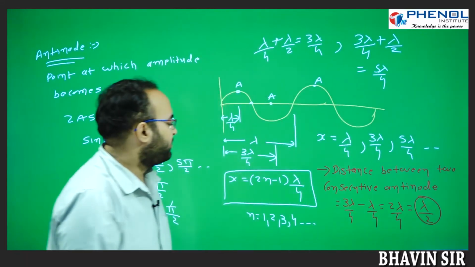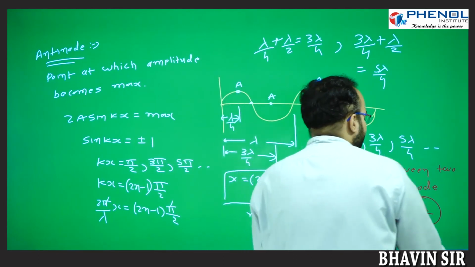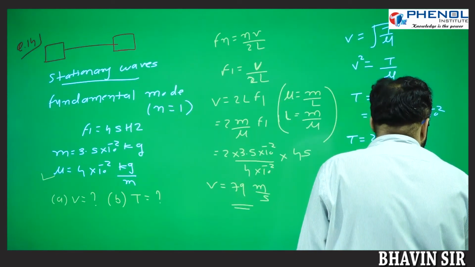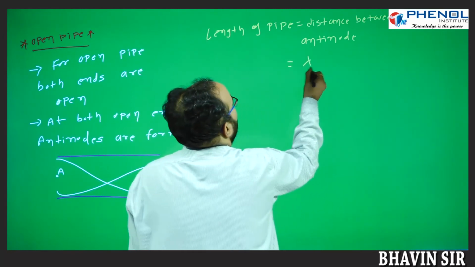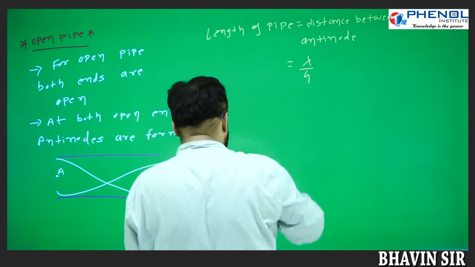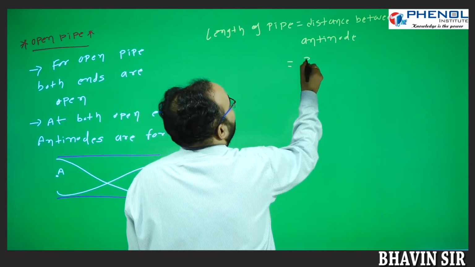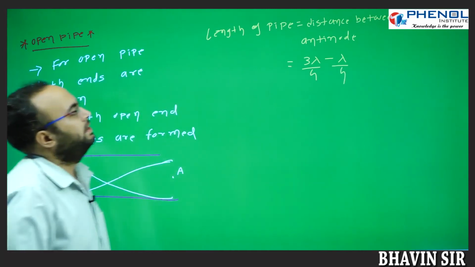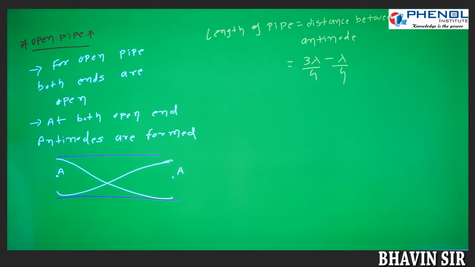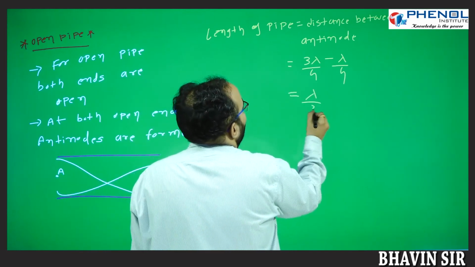So what is the position of antinode? λ/4, 3λ/4, 5λ/4. So we get the distance between two antinodes. So length of pipe means distance between two antinodes. So 3λ/4 minus λ/4, so 2λ/4, so λ/2.